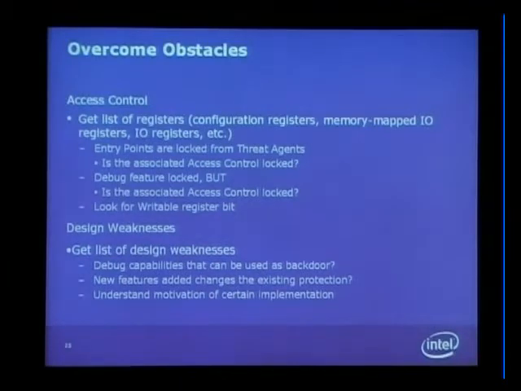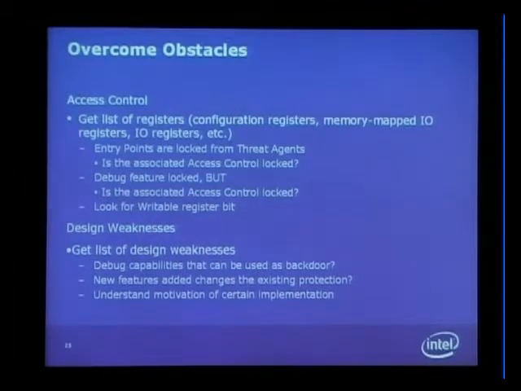And then we need to ask ourselves a few questions. Normally, the entry points from the threat agent are blocked. The design will block it because the architect and the designer are not stupid. They know these are the areas that an attacker can get access to, so they will block it. So we need to ask, if this is blocked, are the registers associated with this threat agent locked too?